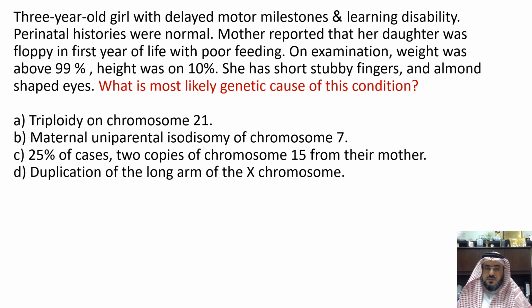She had a past history of hypotonia and poor feeding in the first year of life. Now she's obese with delayed motor development. On examination, her weight was above the 99th percentile, and her height was on the 10th percentile, relatively short. She had short, stubby fingers and almond-shaped eyes. With all these anomalies, what do you think the diagnosis will be?